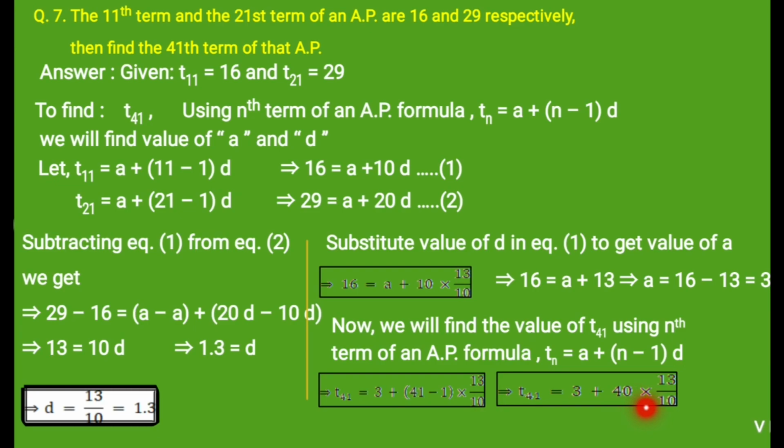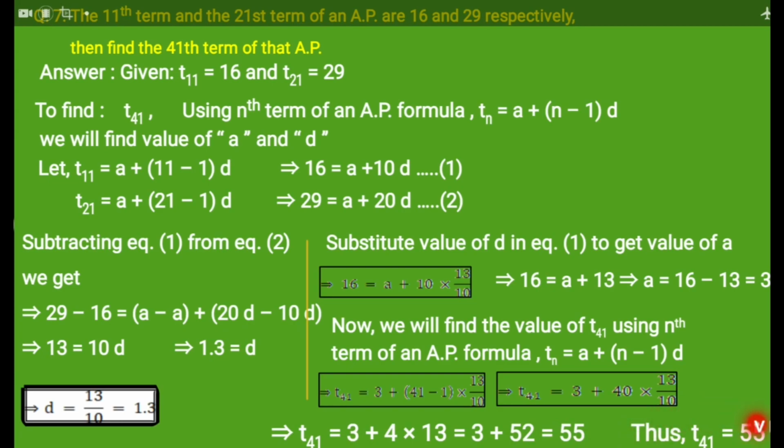So we divide this 40 by 10, we get 4, so 4 into 13, we get 52 plus 3, so we get 55, so T41 is equal to 55. So in this way we find the 41st term of that arithmetic progression, whose 11th term is 16 and 21st term is 29.